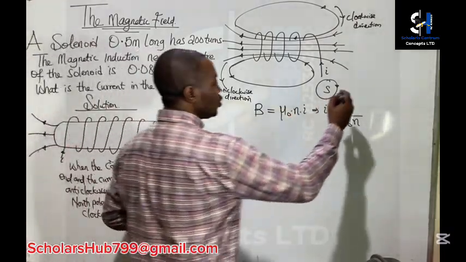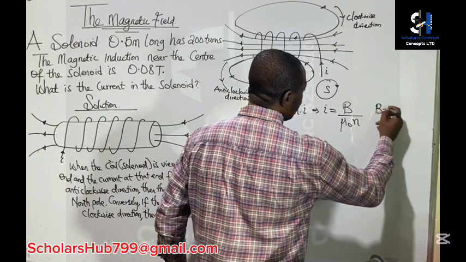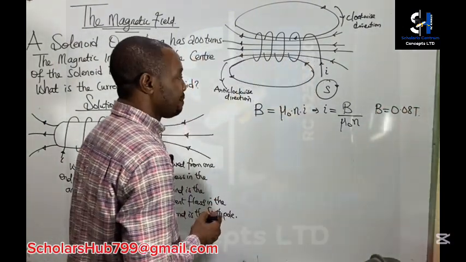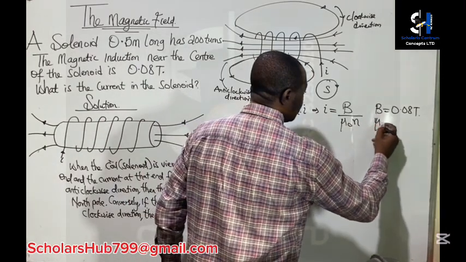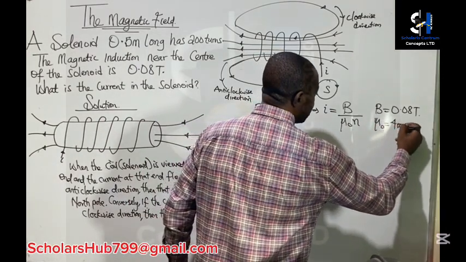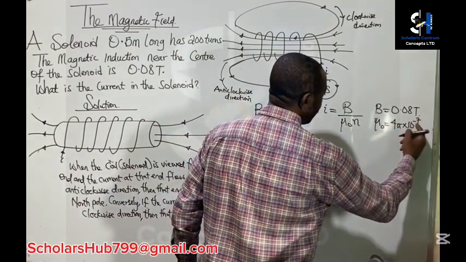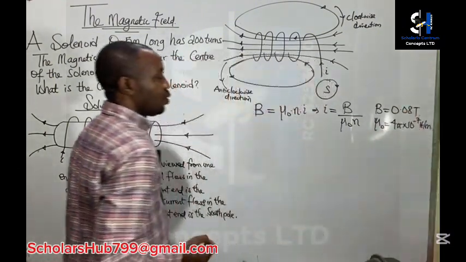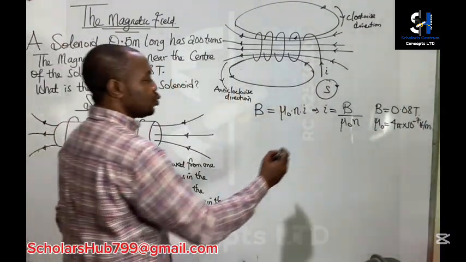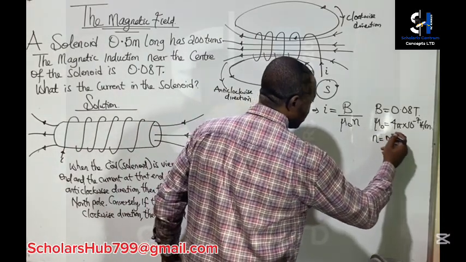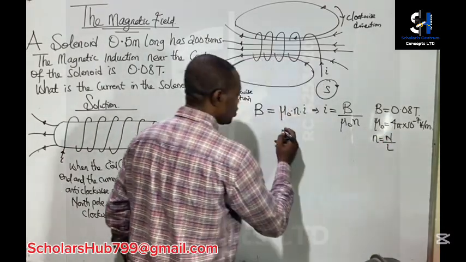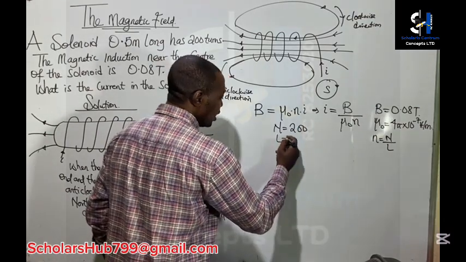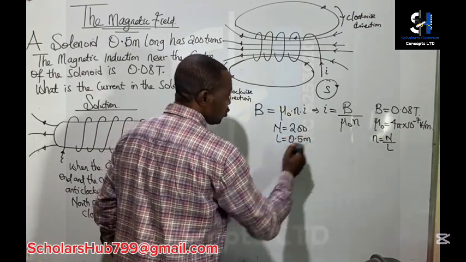First, we know that the value of B is 0.08 Tesla. The value of the permeability of free space is 4 pi times 10 raised to the power of -7 Henry per meter. Now, the number of turns per length: we have the number of turns to be 200 and the length of the coil is 0.5.